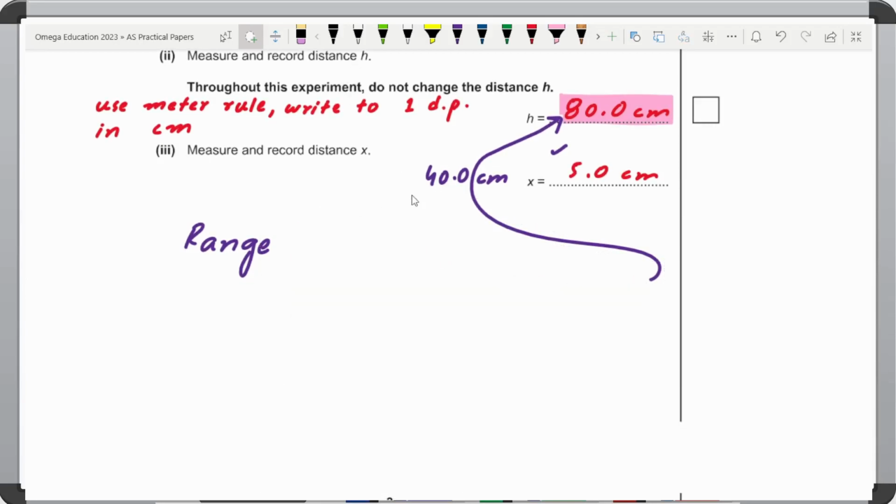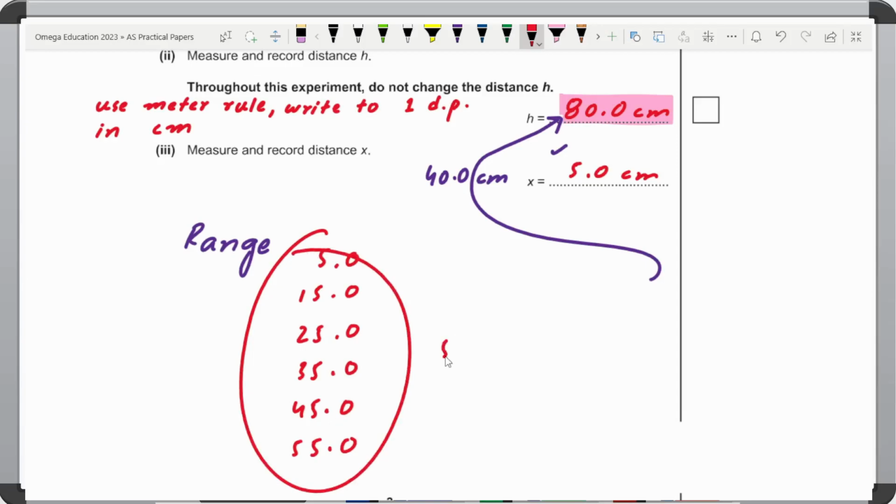So you can start with 5 once again. So like 5.0. What if I increase the gap? 15.0, 25.0, 35.0, 45.0, 55.0. 1, 2, 3, 4, 5, 6 readings done. Now what is the range of my data? It is 55.0 minus 5.0. What do we get?